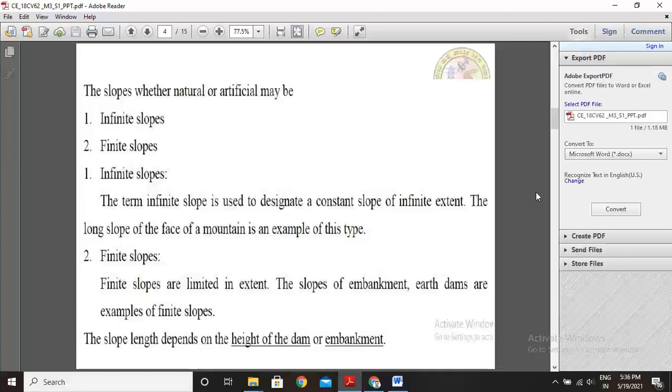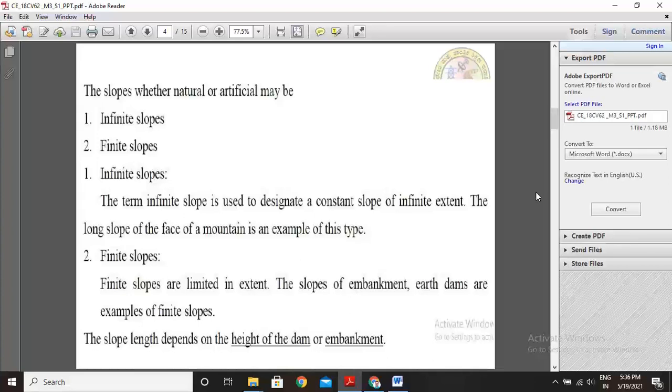The slopes, whether natural or artificial, may be classified as infinite slopes and finite slopes. Next, let us see what we mean by infinite slopes.